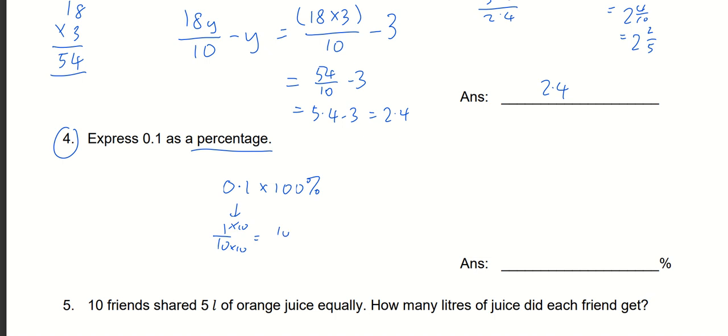That means 10%. Or I could just use 1/10 times 100%, which is the same as doing 0.1 times 100. Okay, that will bring you the decimal point here, so the answer will also be 10%.